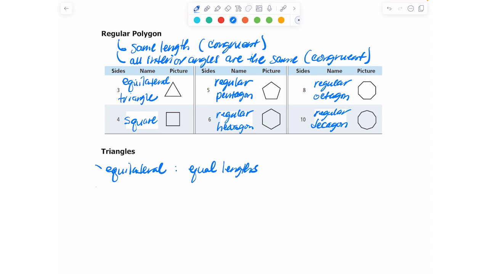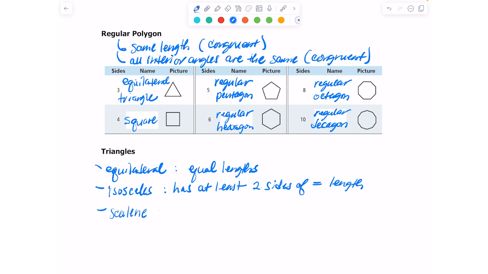We also have triangles where at least two sides are equal. We call that isosceles. So they have at least two sides of equal length. And then we have scalene triangles, and scalene triangles have no equal sides.